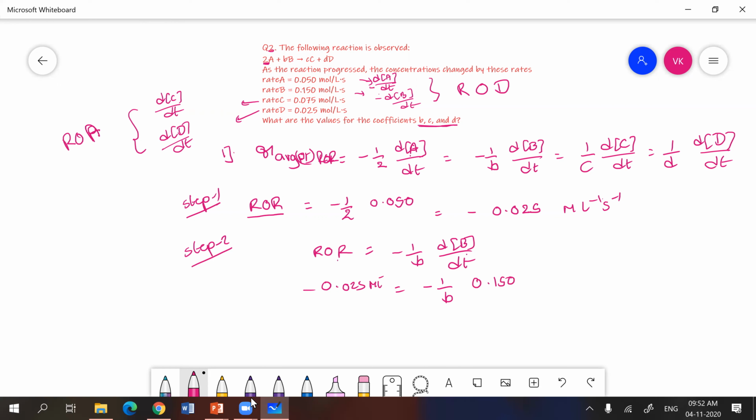Both sides are moles per liter per second, cancel both. Don't worry about the signs. Now take B to this side. So B is equal to 0.150 over 0.025, that equals 150 by 25, that equals 6. So the B value we got is 6.